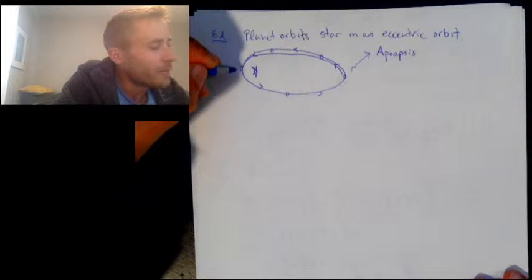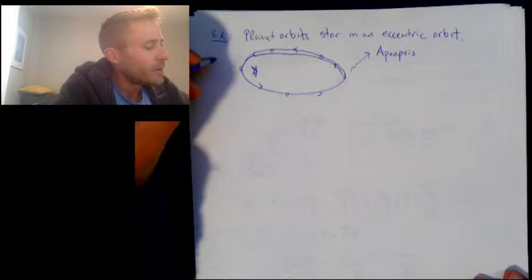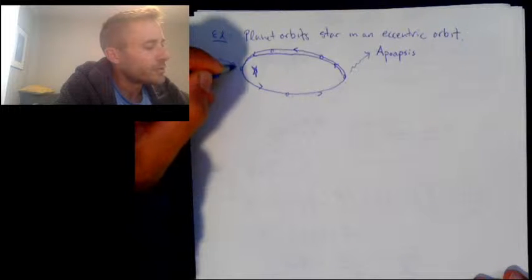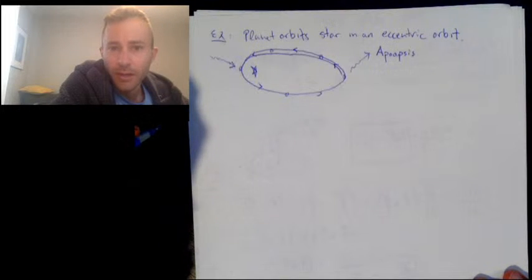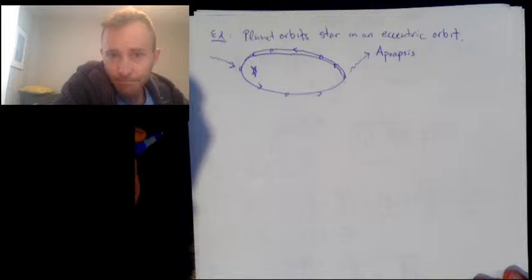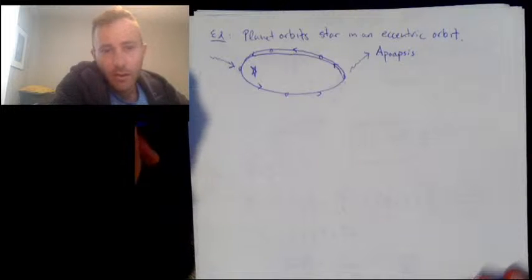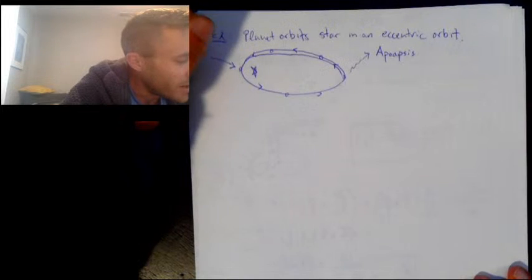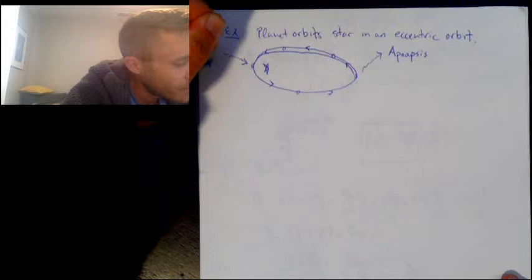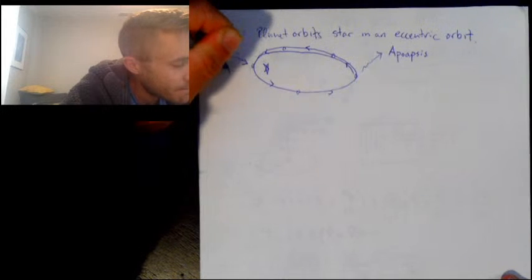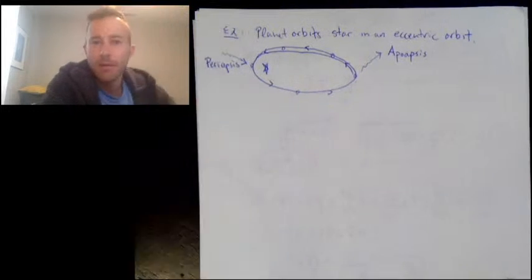And the point at which the planet is closest to the star is called the periapsis. All right.